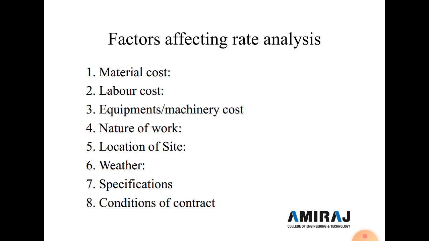So if we increase the quality, the overall cost of the material is increased and labor cost is increased, because skilled labor is required for quality workmanship. So as per the specification, we complete the task for a superior quality, so a higher rate is paid to the contractor.